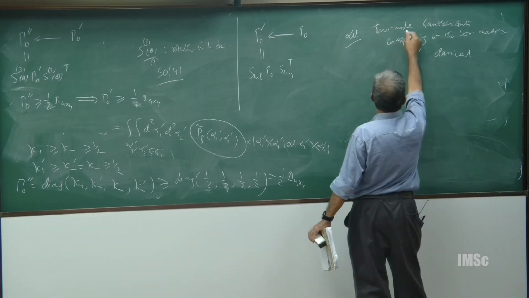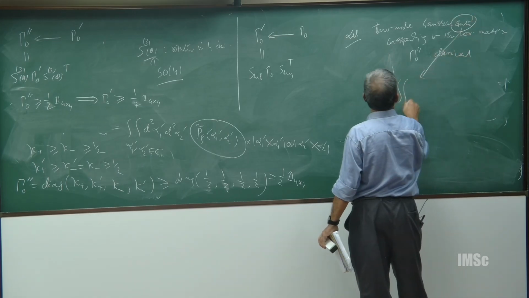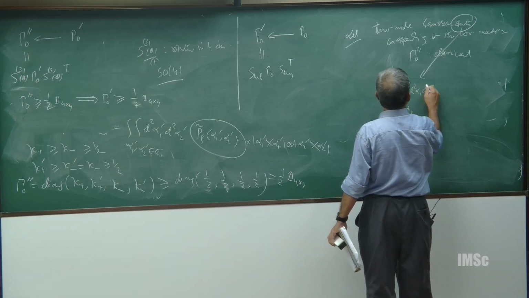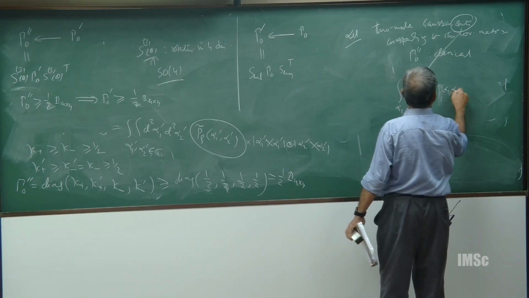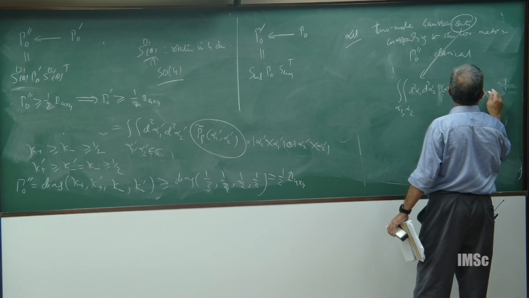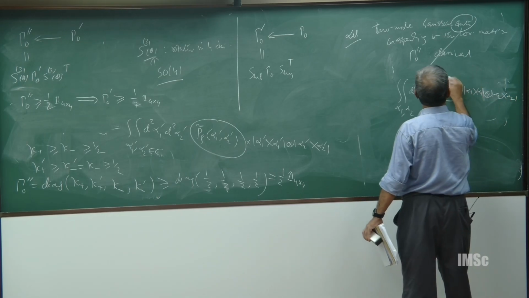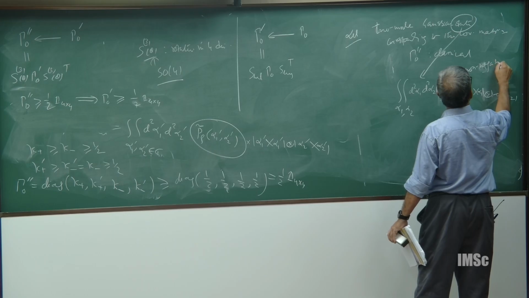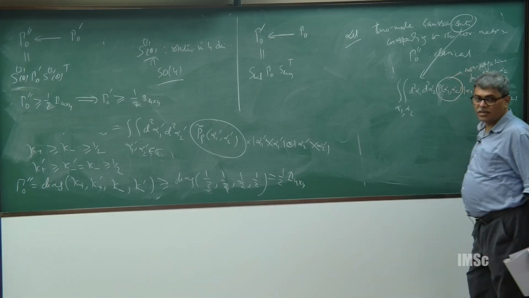Then this state should be of this form: the integral of d square alpha 1 d square alpha 2 p of alpha 1 tensor product alpha 2, and this p is non negative for all alpha 1 alpha 2, right, this is classical.